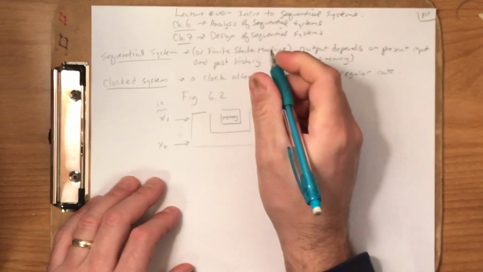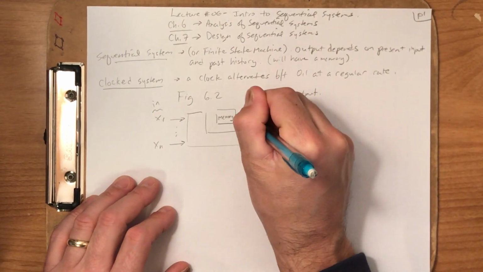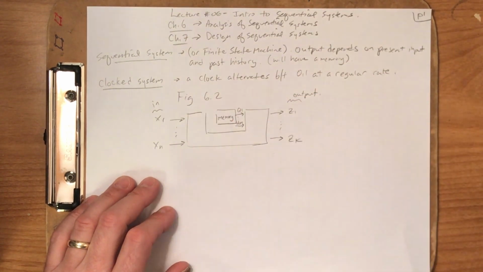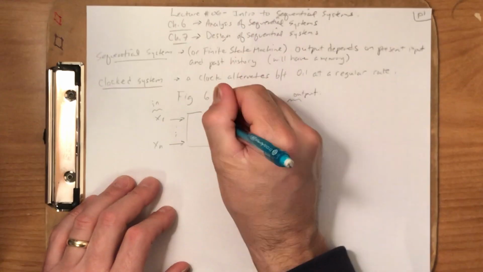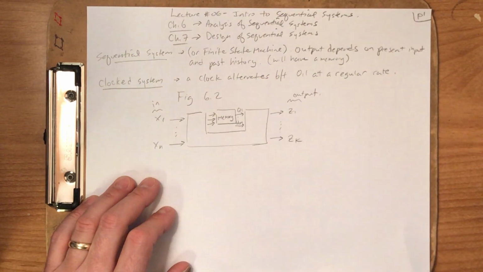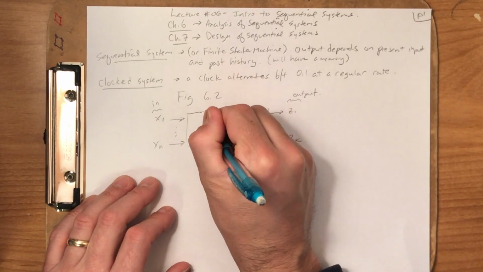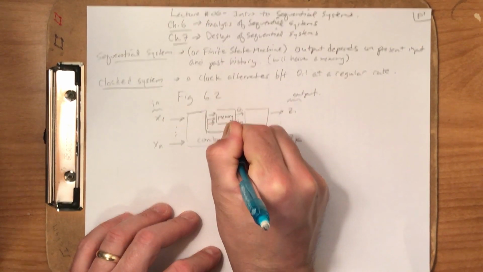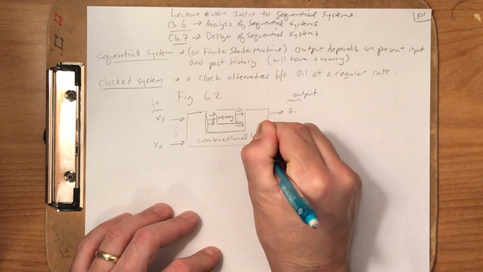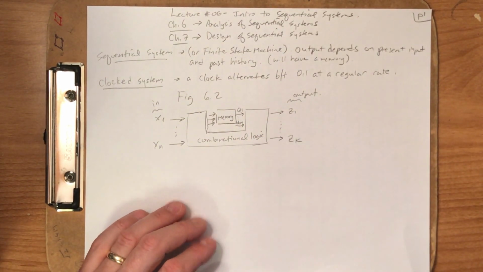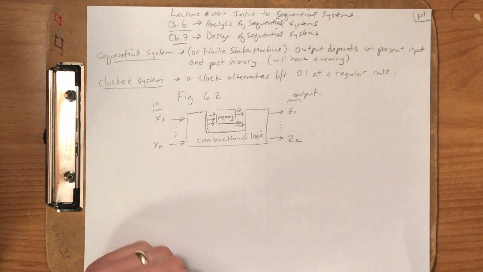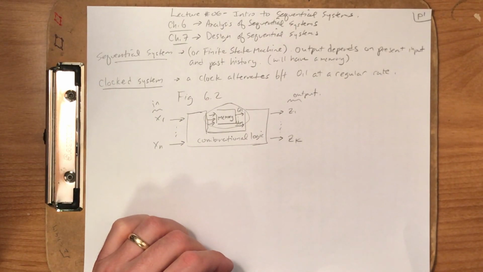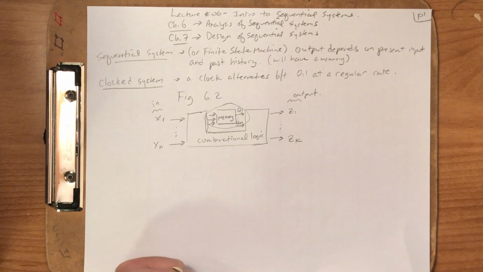In the middle here we have memory, Q1 through Qm, and we have some signals here. Everything inside this big wide U shape is combinational logic. We've talked about that all semester. It's not going away. What we'll be focusing on is this part here. How do we program the memory to keep track of what we need it to keep track of?